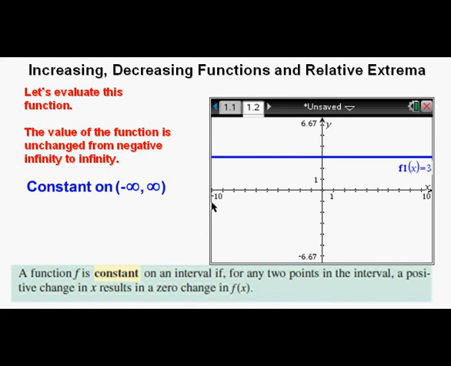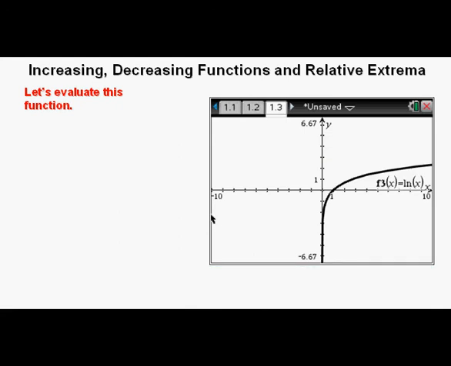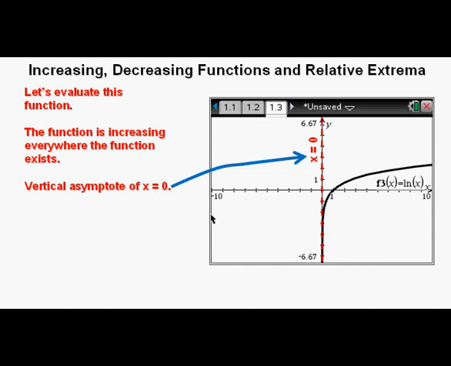Let's look at this function, f of x equals ln x, or the natural logarithm of x. In evaluating this function for increasing and decreasing, it's obvious that the function is increasing over the entirety of its domain. It's a matter now of figuring out where the function starts.